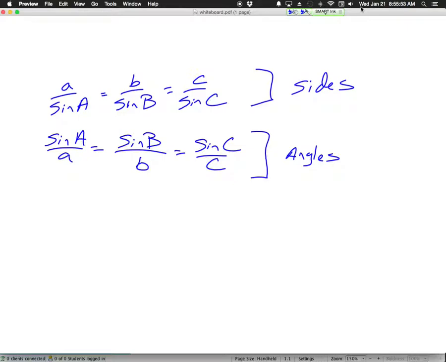Whenever we're looking for an angle, we want to use it when it's in the bottom form. All right.